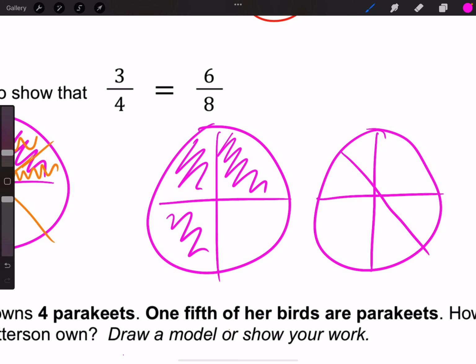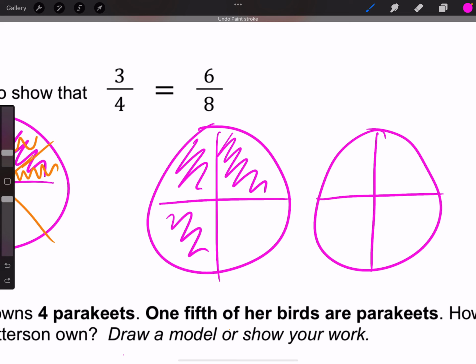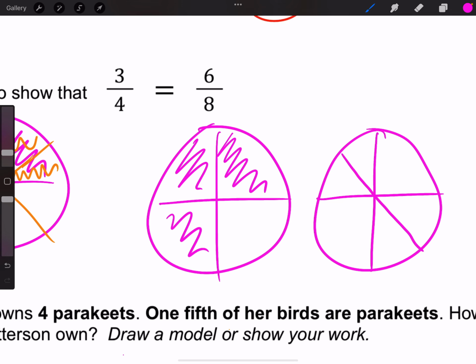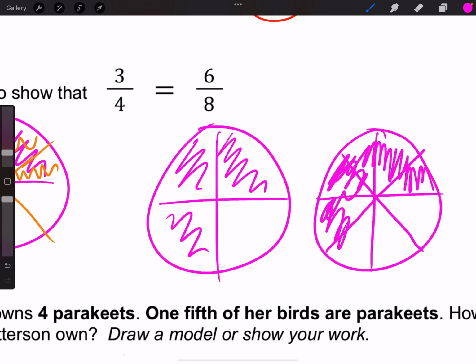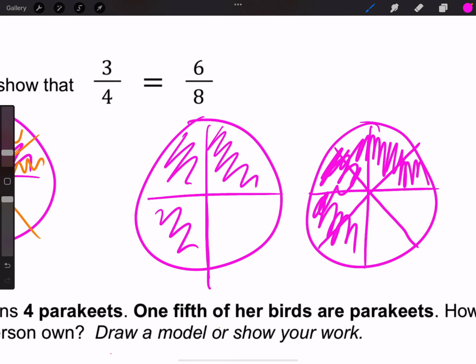and they're going to make 8. There we go. They're going to make 8, and they're going to have the 6/8 colored in, and you're going to be able to see that this is the same as that.